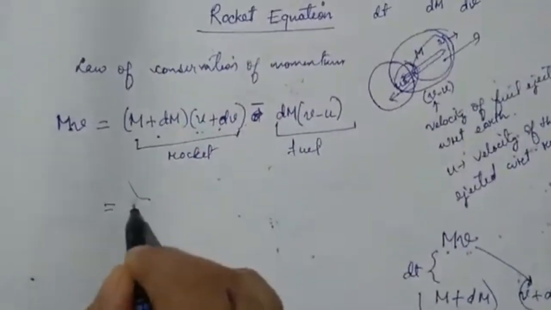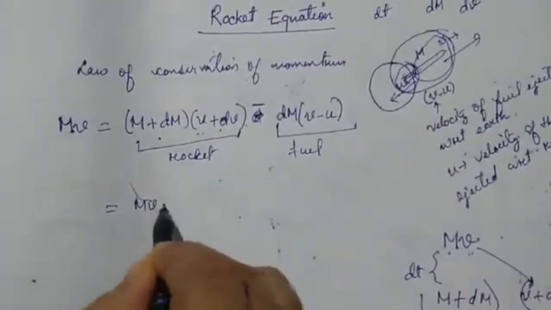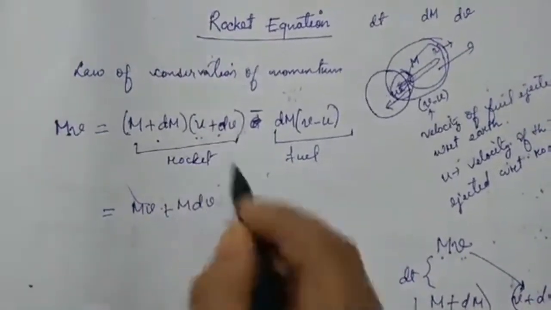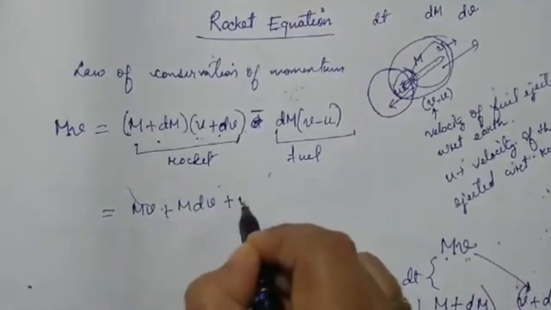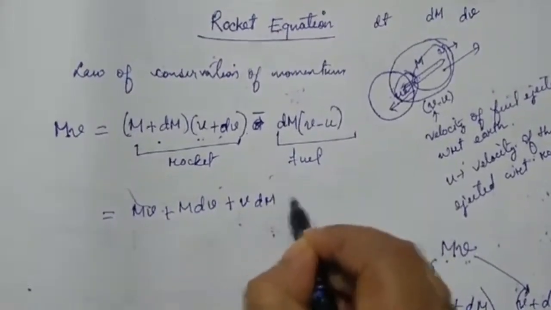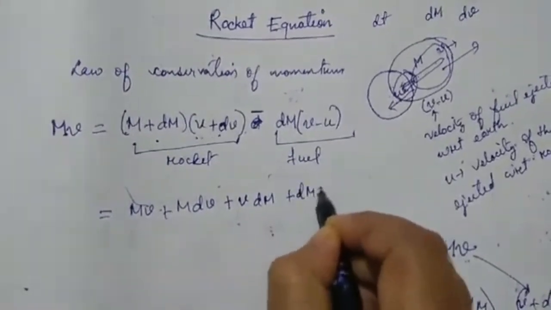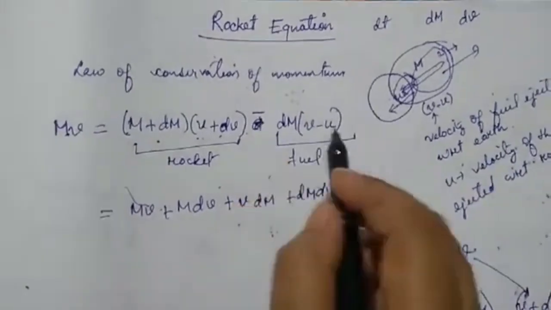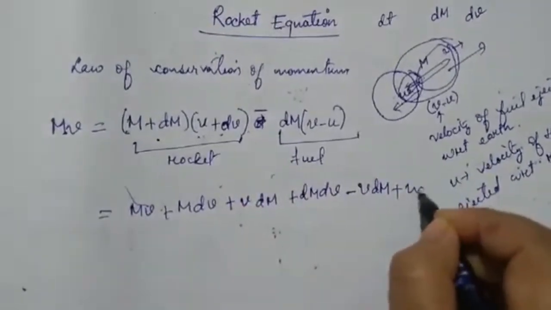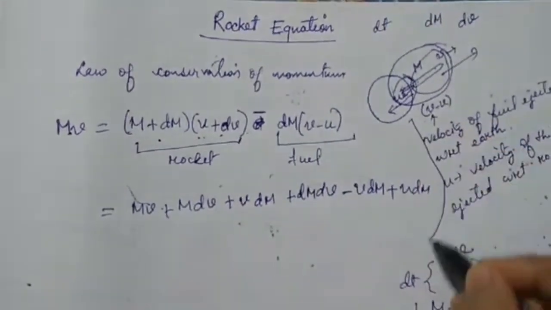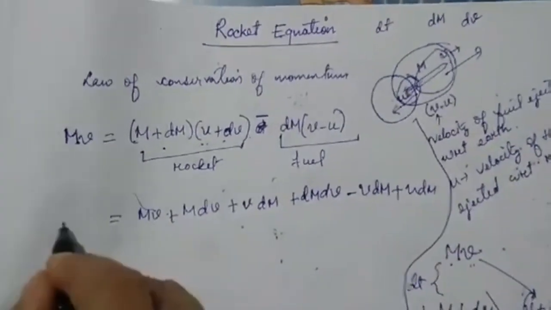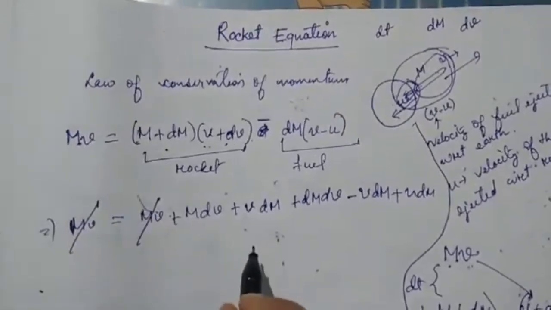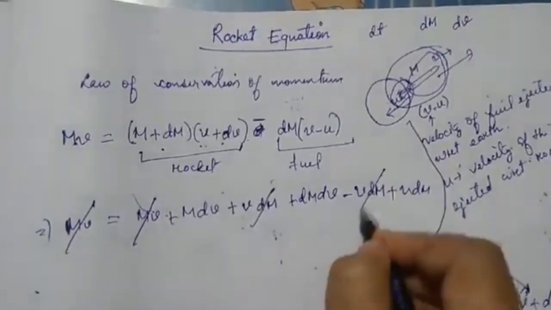Now if I do the calculation: m into v plus m into dv plus v into dm plus dm dv, minus v into dm plus u into dm. So mv gets cancelled, v dm gets cancelled.